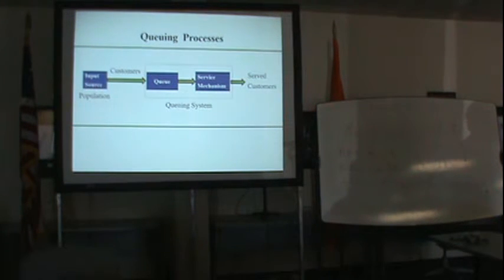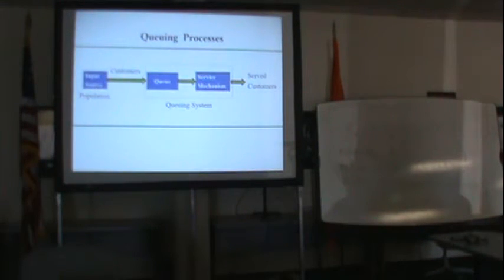And so a queuing process is really the way you balance the rate of arrival with the rate of service completions. It's similar in a way to the inventory models, you know. And there are costs involved here and so on. The service mechanism could be a single unit, or it could consist of multiple units in parallel.